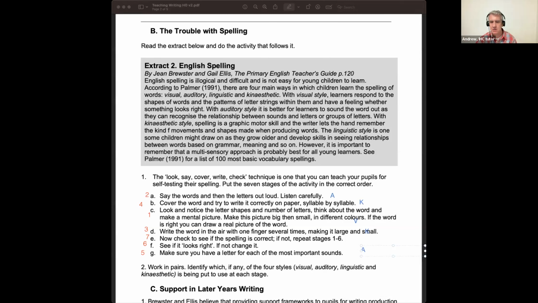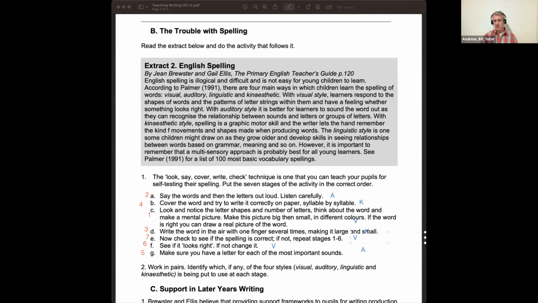Six, see if it looks right. That's visual, right? And seven is also visual, right? Because it uses the word see. See if the spelling is correct. Visual.